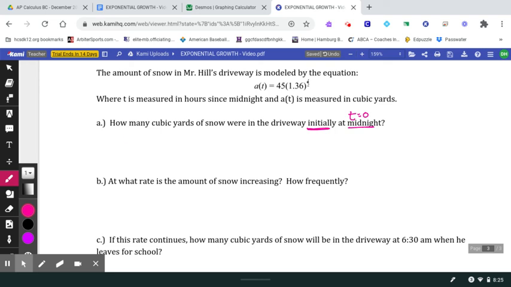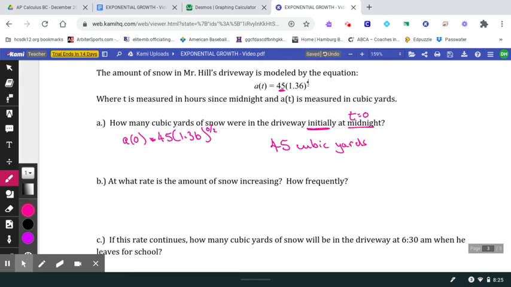So if you ever got in a pickle, you could just substitute a 0 for T and use your calculator to evaluate this. But I think we can just do it by identification. We'll say there are 45 cubic yards of snow in the driveway at midnight.